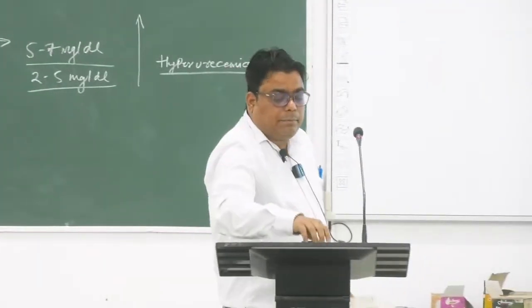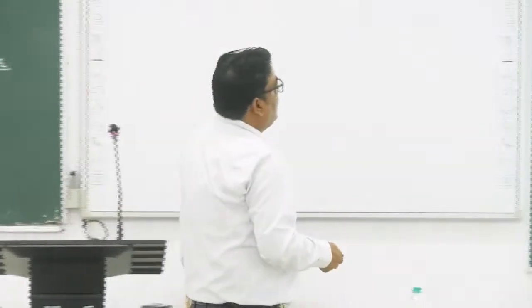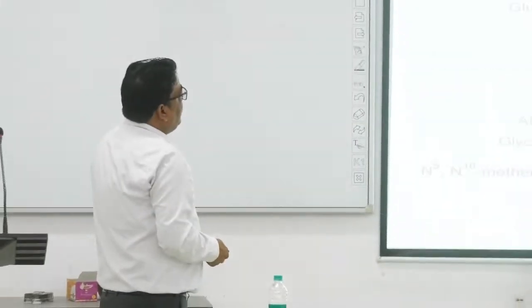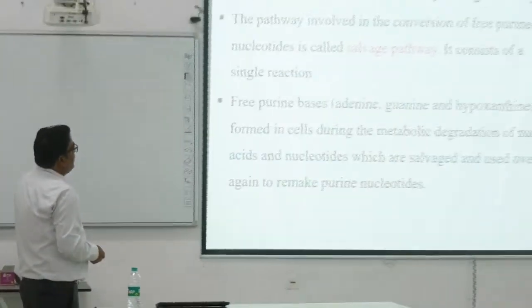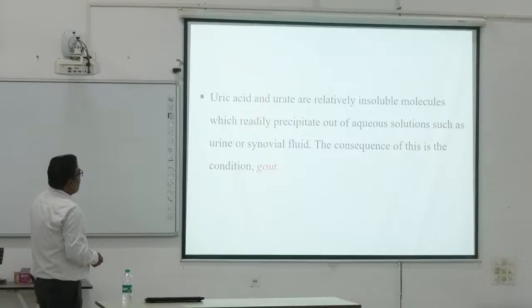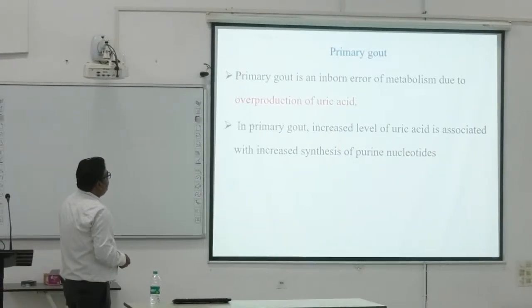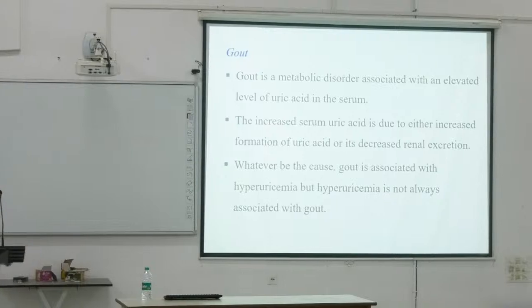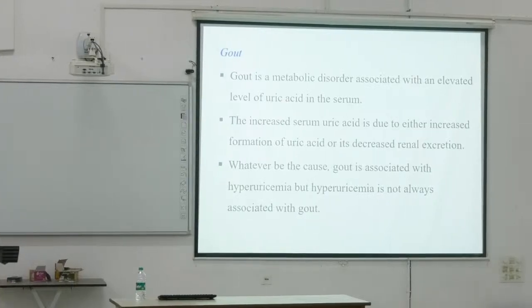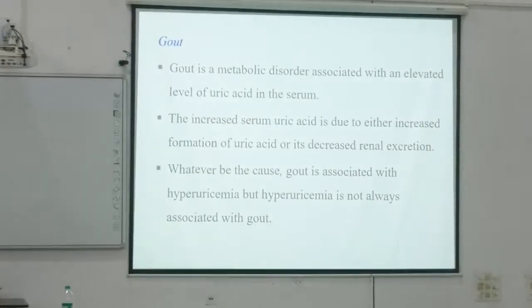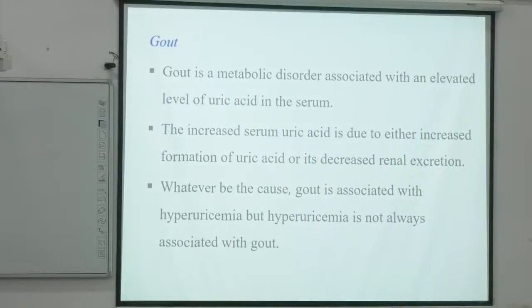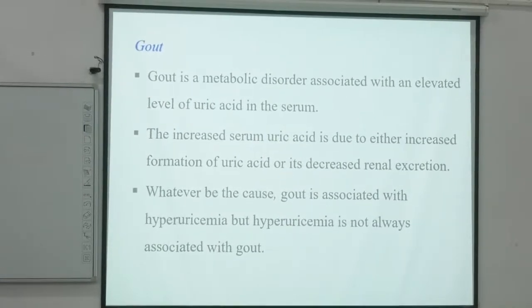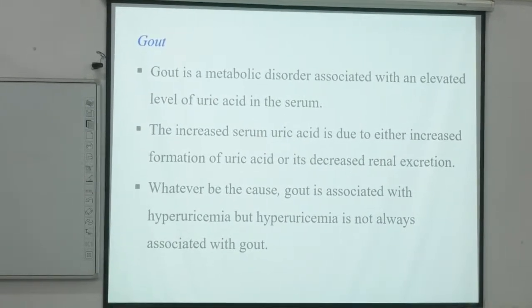You better understand with the slide. Okay, so this is the basic thing we complete here. I already told you it is a metabolic disorder associated with elevated level of uric acid. The increased serum uric acid is due to increased formation of uric acid and decreased renal excretion.